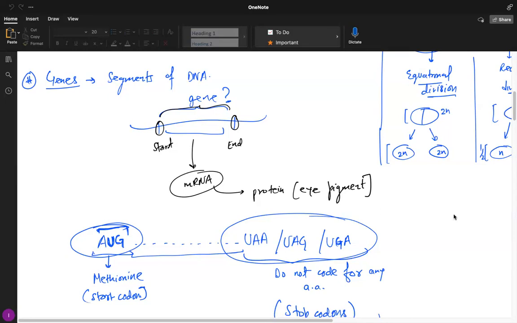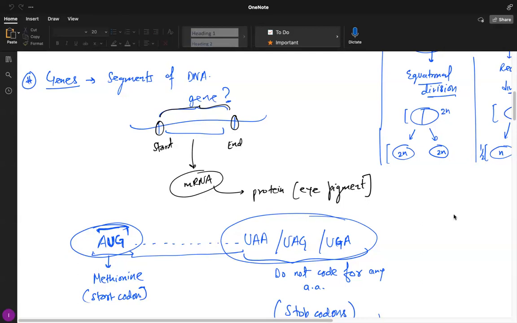The coding of the gene starts with a start codon. Codons are groups of three base pairs together. They are always read as three together, in groups of three, triplets we call them. So a codon is a triplet of base pairs.